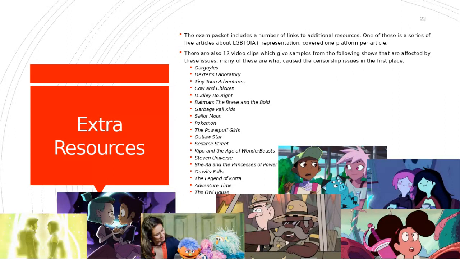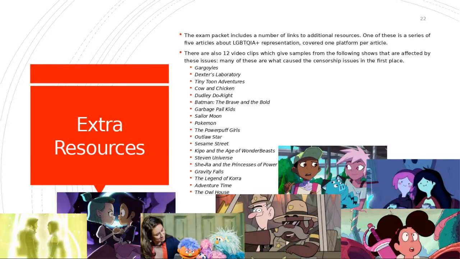Now, there's 12 videos that are linked as well. They give samples from these shows that are affected by these issues. I will tell you right away, the first 11 are the shows that were mentioned by Looper. The other shows included in this list: Sesame Street has 3 examples. Kipo and the Age of Wonder Beasts is the scene where it's revealed that the lead male character is gay.